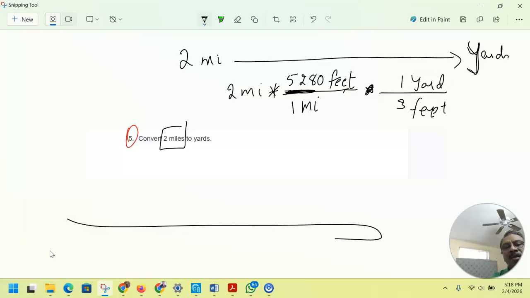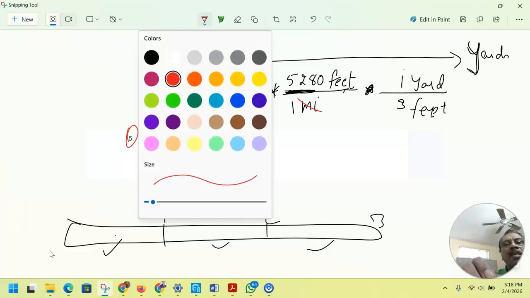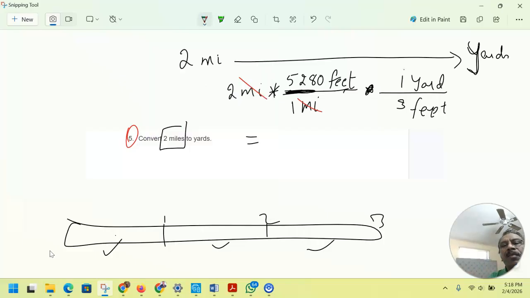If this is the yardstick, it has 3 feet: 1, 2, and 3. I'm using this way to get the answer. Now we can cross out the mile and the mile, and then cross out the feet and the feet.